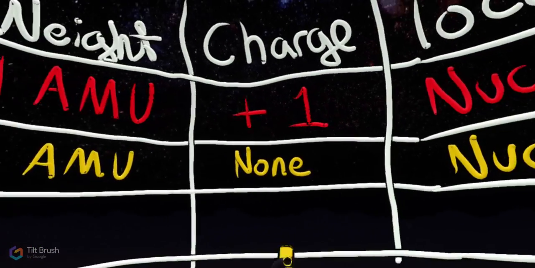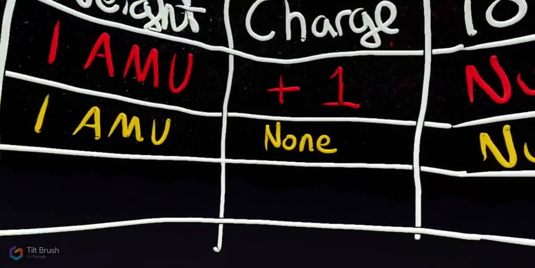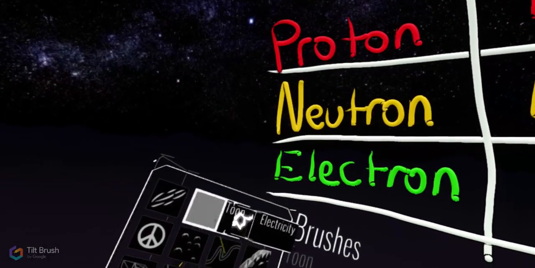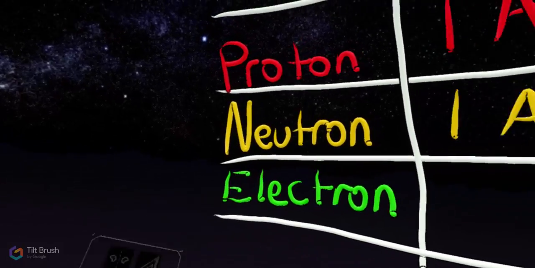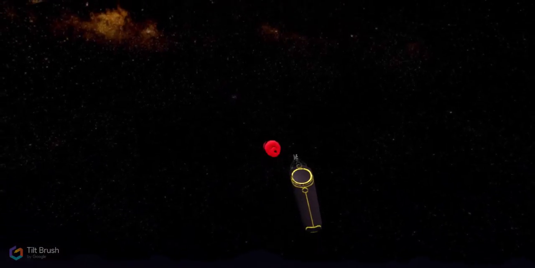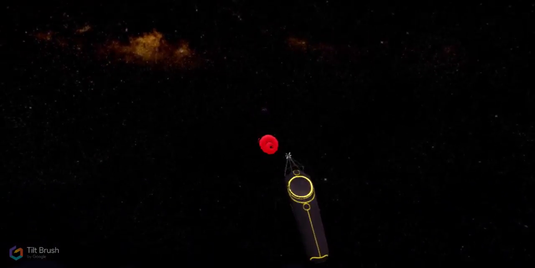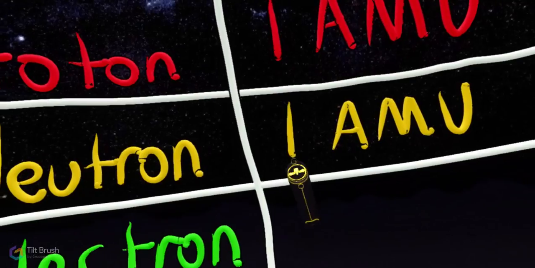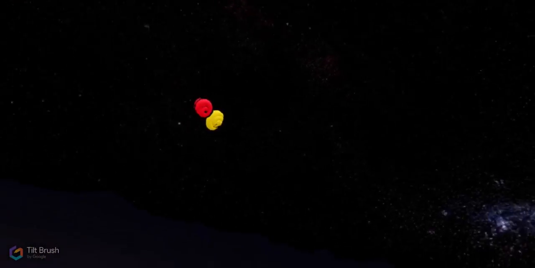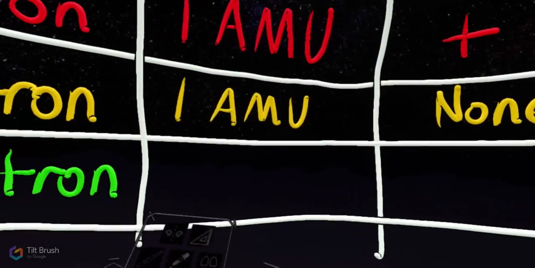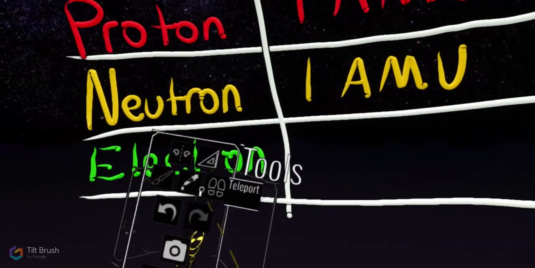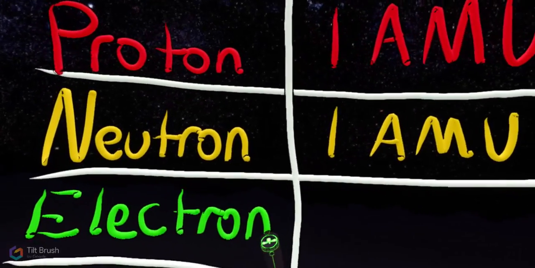Neutrons, 1 atomic mass unit, no charge, located in the nucleus of an atom, or rather in the center of an atom. Oh, I forgot to draw one before I change my brush. I'm going to go over here and I'm going to draw a neutron next to our proton. They're approximately the same size. Find my brush picker.